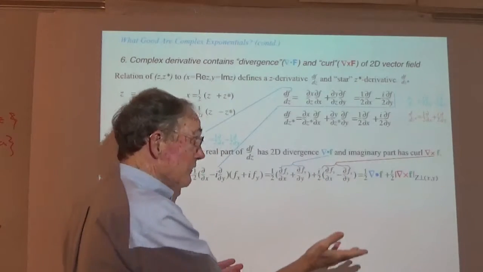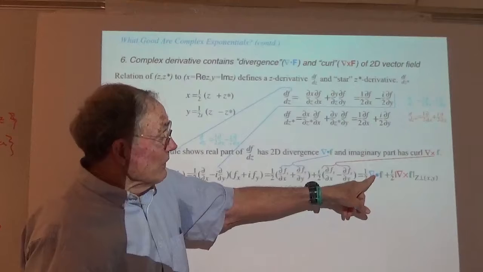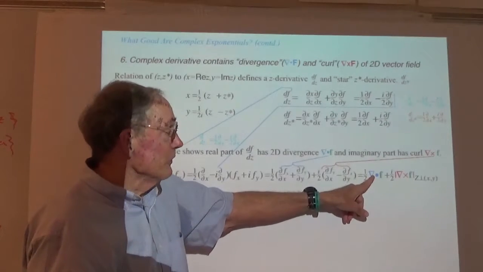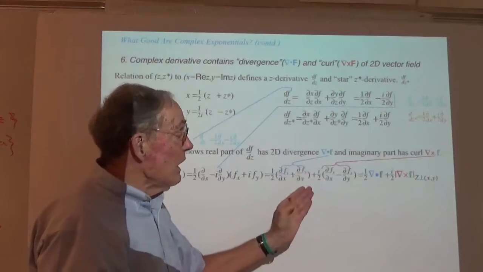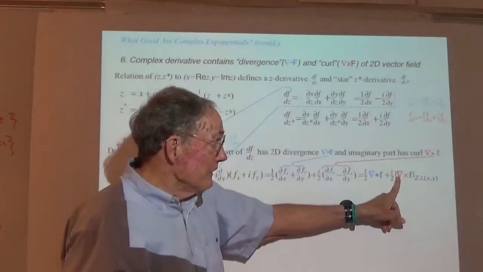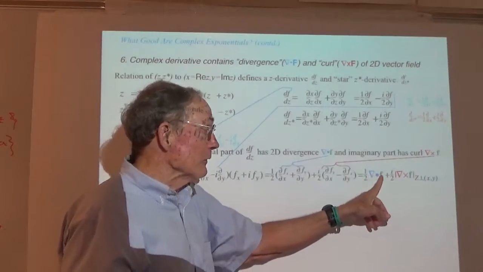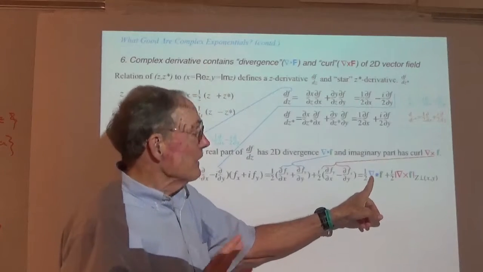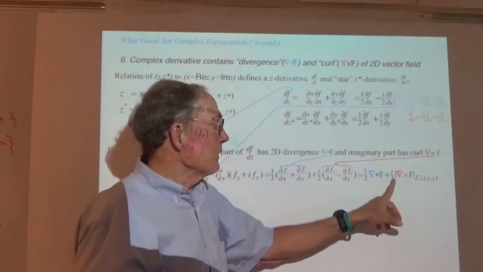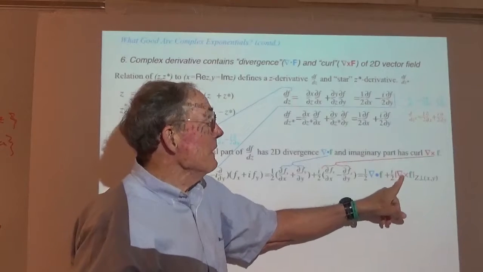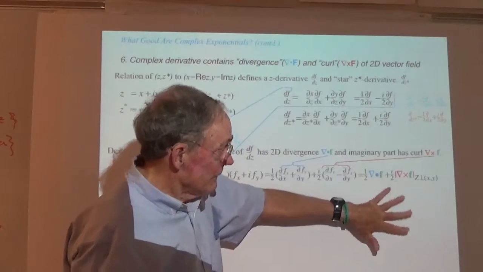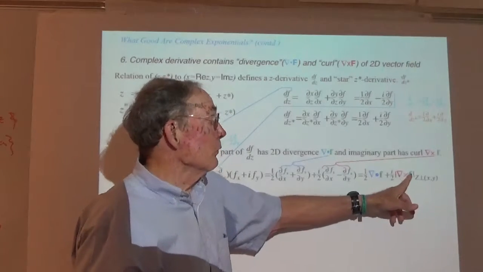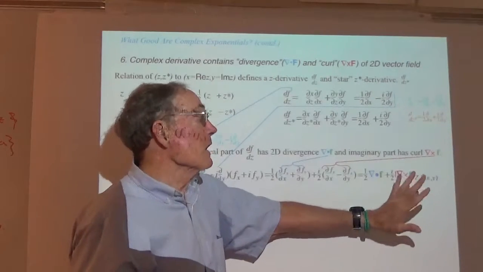And you should recognize those as divergence, two-dimensional in the sense of x and y, but one component, curl. So you only have one component of the divergence because it's a scalar product. You don't have to put any funny writing there. But this one is the magnitude of the curl of f in the plane. Okay? And of course its component would be perpendicular, but we're not letting that happen.